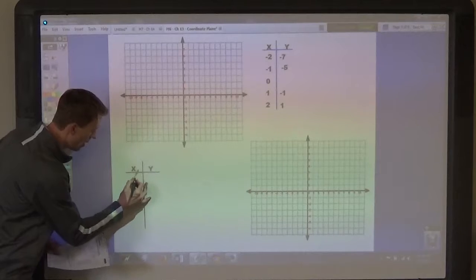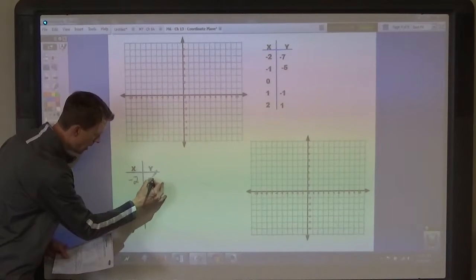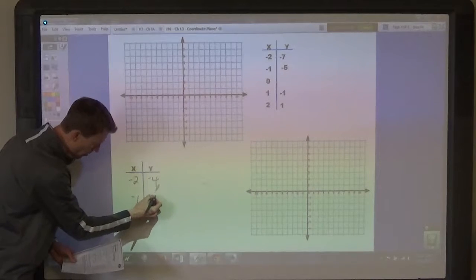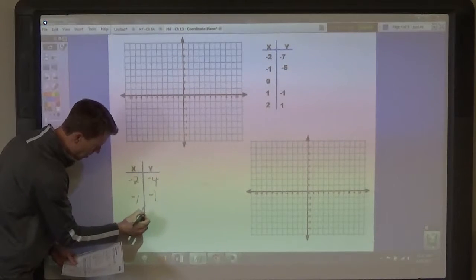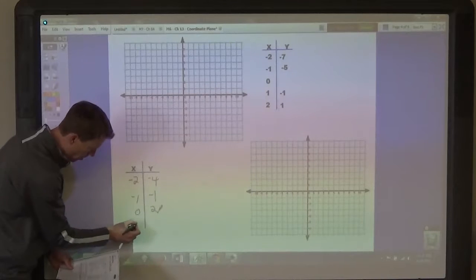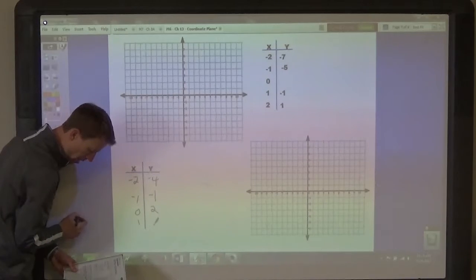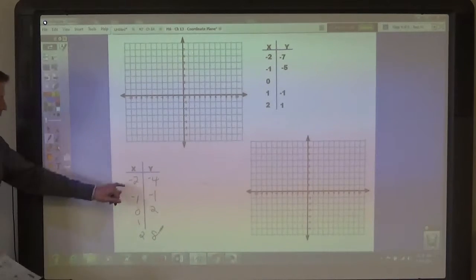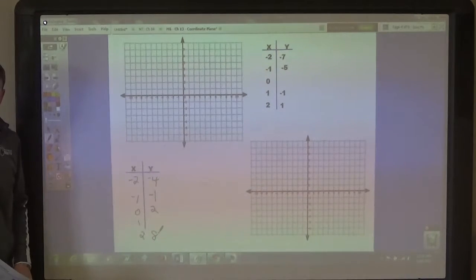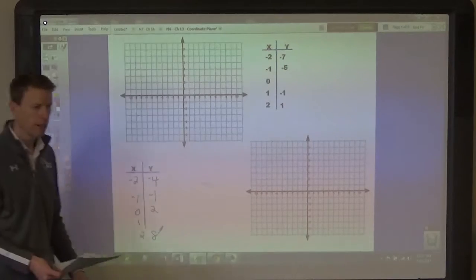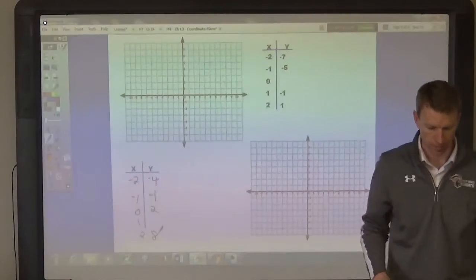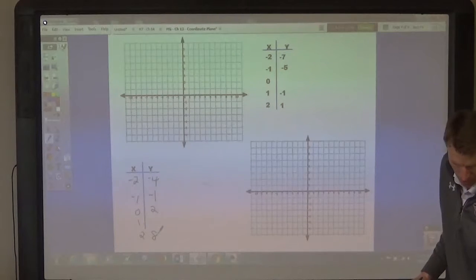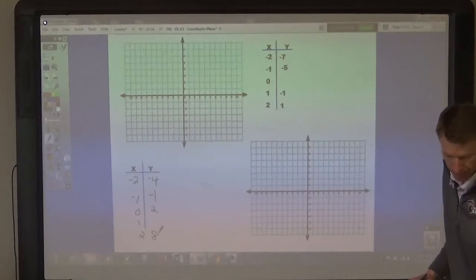So the numbers are written in: -2, -4, -1, -1, 0, 2, 1, something, and 2. We're going to use these as our ordered pairs. Okay? You done with that one, right? Okay. We're on this one now.